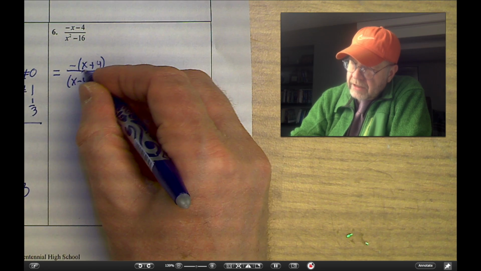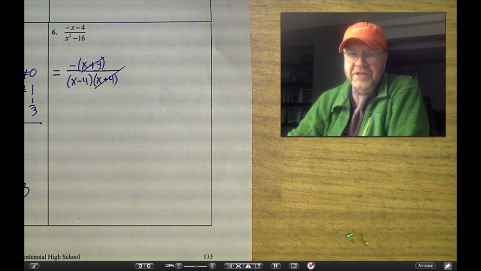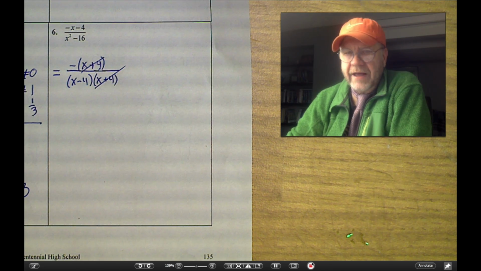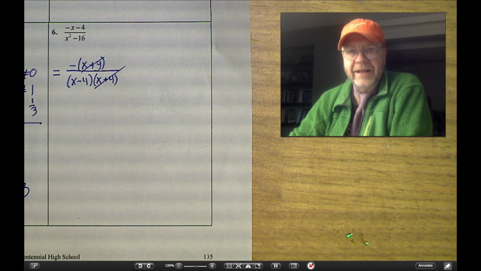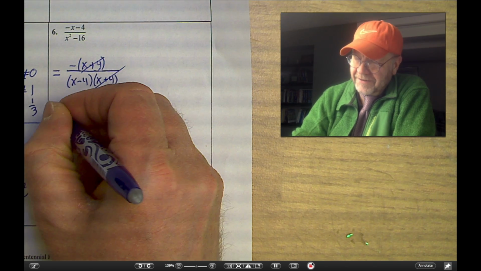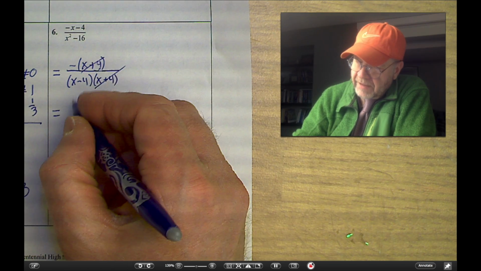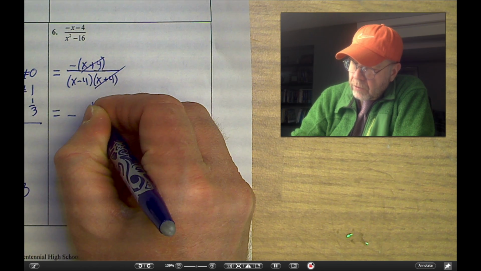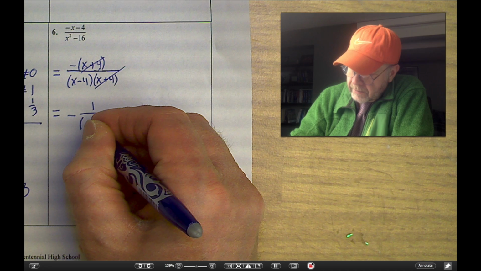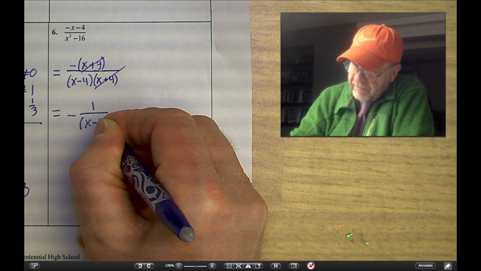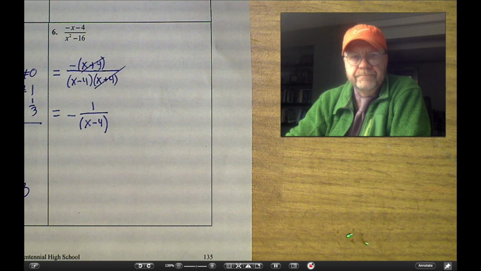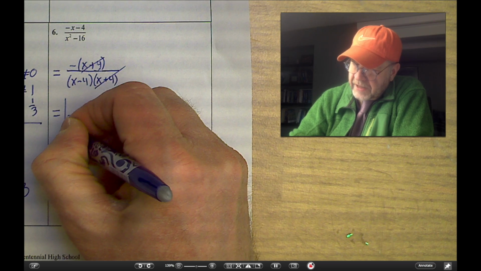And then I can do some dividing out, canceling. Okay, I can do some dividing out. And so now I'm left with negative 1 over x minus 4. Okay. There's my simplified expression.